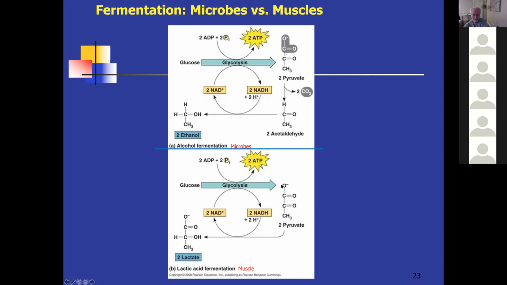In muscle, conversely, this acetaldehyde step is skipped, and the molecule does not spin off carbon dioxide. Pyruvate is reduced directly to lactate. So all this slide is showing is what we've been discussing on the previous slides, except you have a direct comparison here.